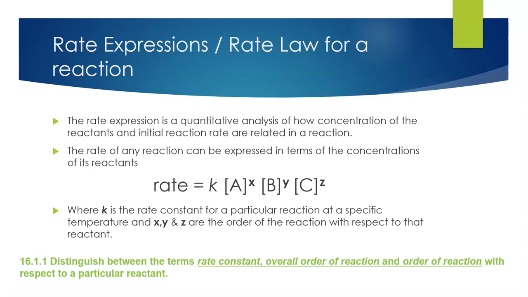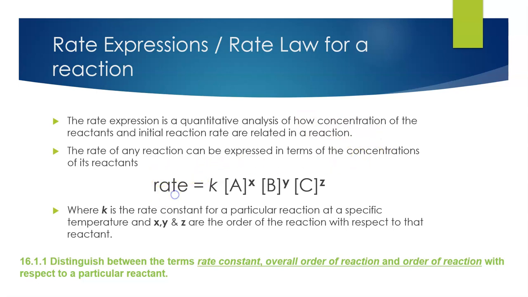But we can mathematically describe that a little bit more, as we saw with SN1 and SN2 reactions, that the rate of reaction is not always dependent on both reactant concentrations. Sometimes it's only dependent on one. Sometimes it might not actually be dependent on the concentration, but something else within the mechanism of the reaction. So we can say that the rate of any reaction is expressed in terms of the concentrations of the reactants.